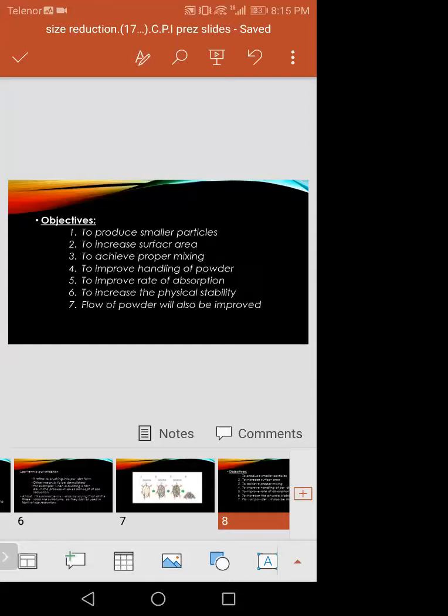We can also achieve proper mixing, and the handling of the powder can also be improved. Then the absorption is also improved due to the smaller size, obviously, and then there will be an increase in physical stability, due to which the flow of powder will be increased. So this was all about the objectives, that is, why we use this process.